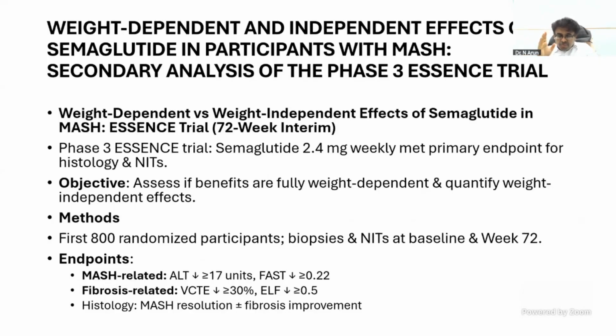And very importantly, semaglutide has some adverse events reported. For example, the most common adverse events in the ESSENCE trial were predominantly GI-related events. And there are some contraindications.